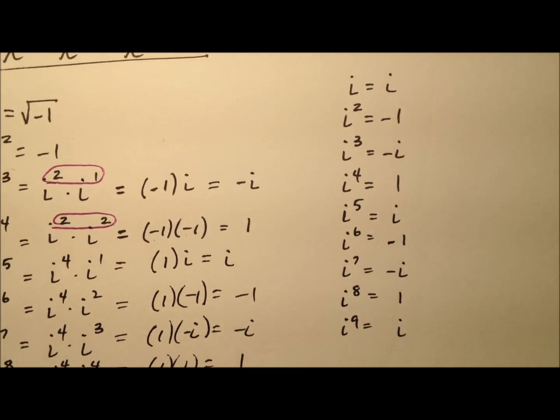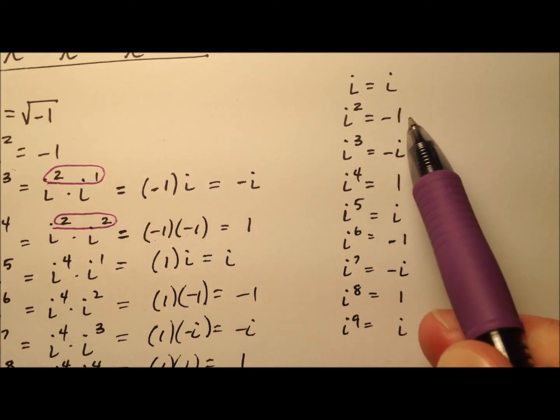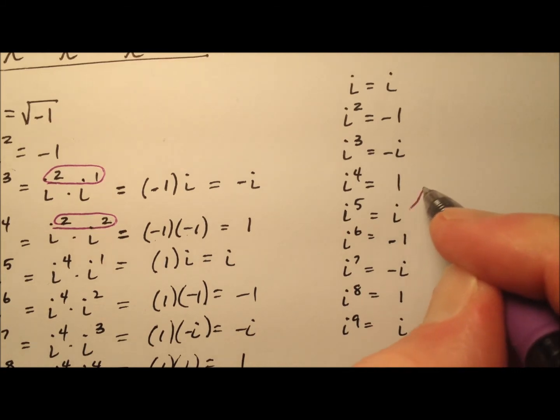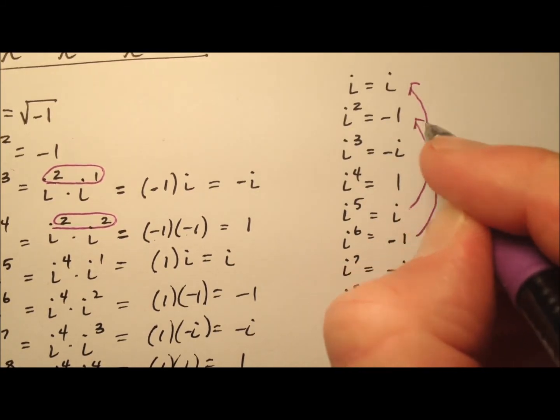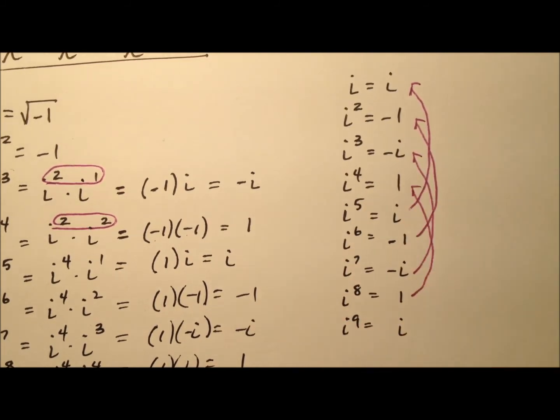We have 9 different terms here. Let's see if we can find any pattern that might be emerging. So it looks like i, -1, -i, 1, i. Okay, well, here's i again, so that guy came right there. -1, well, we saw him here. Negative i, we saw him here, and i, we saw him here.